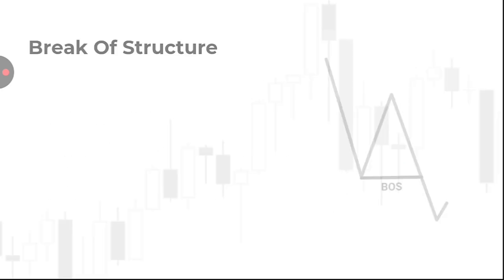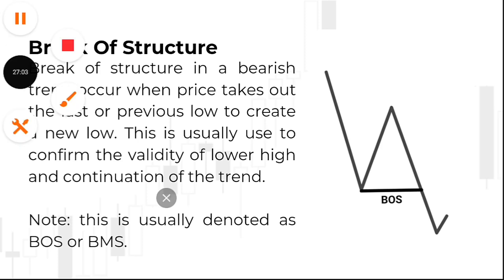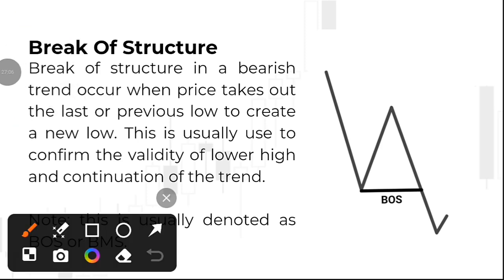Let's check a bearish environment. A break of structure in a bearish trend occurs when price takes out the last or previous low to create a new low. This is usually used to confirm the validity of the lower high and continuation of the trend. It's the same narrative as what I explained in the bullish scenario.